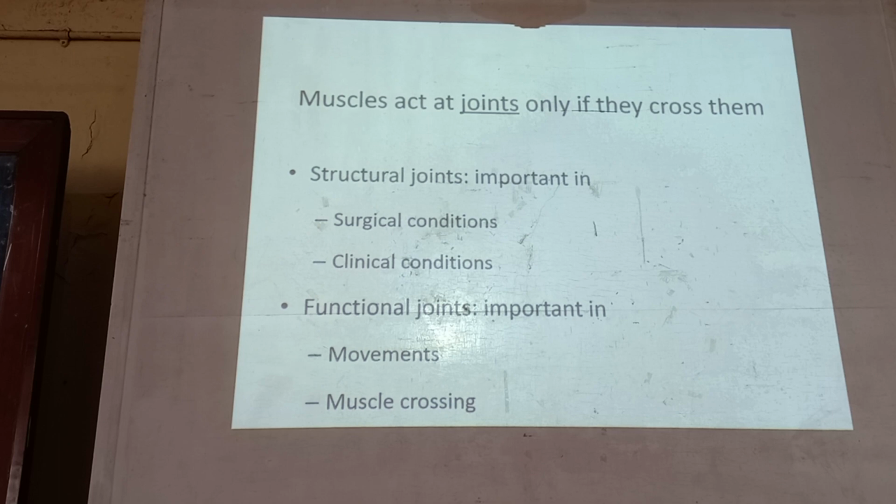Nothing like that. For every 30 degrees of abduction, 20 degrees of movement occurs at shoulder joint, 10 degrees occurs at shoulder girdle. So it's a 2:1 ratio. So that 180 is equal to 120 plus 60.